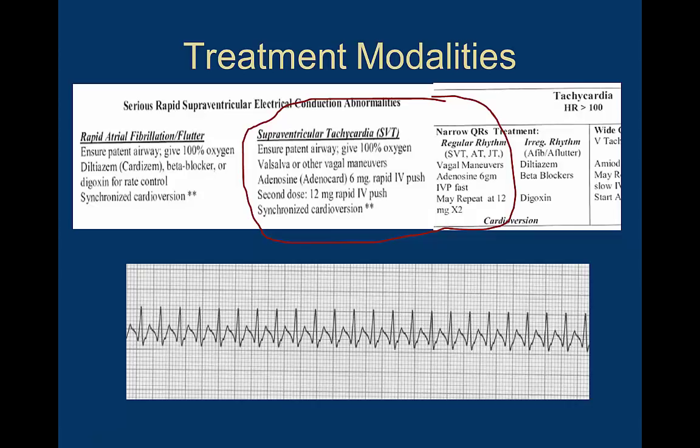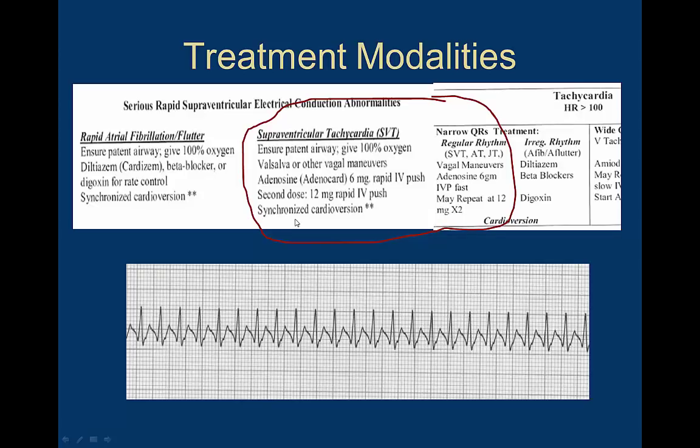Adenosine, and this says 6 grams, but it's not. It's 6 milligrams. Adenosine is going to be given for only SVT, supraventricular tachycardia, and you can repeat it. If these drugs don't work, then the patient could be given some other drugs. Those are the ABC drugs that we'll talk about in a minute.